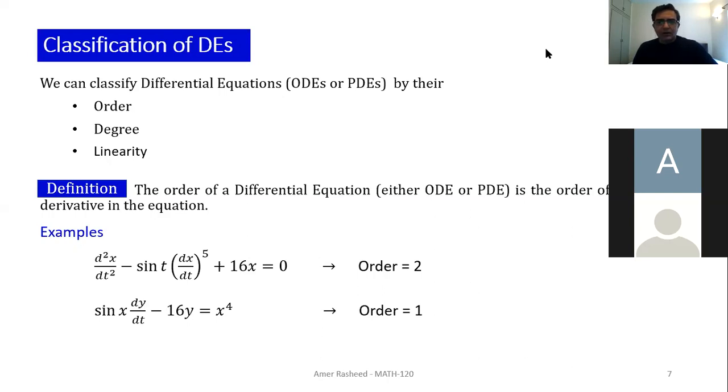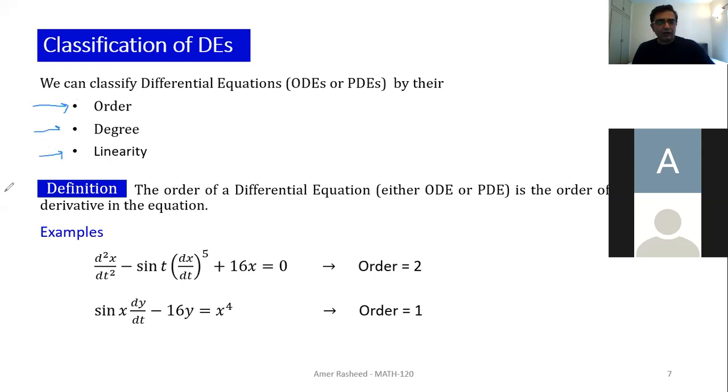So there are three major classifications by which we can bifurcate differential equations: the first one is order, then degree, and then linearity.